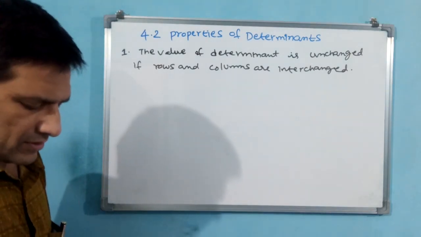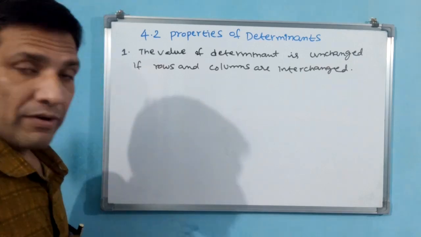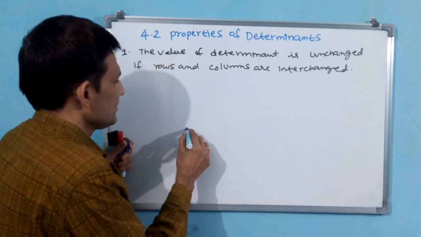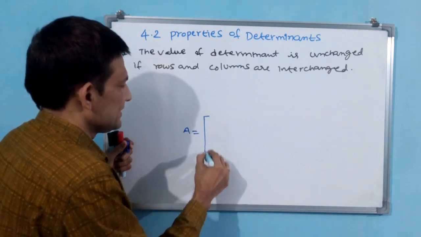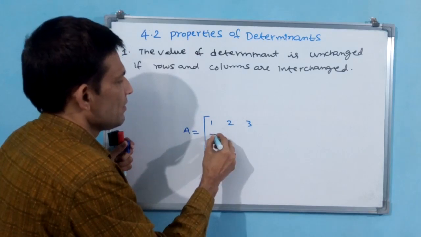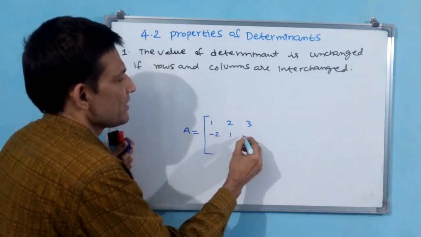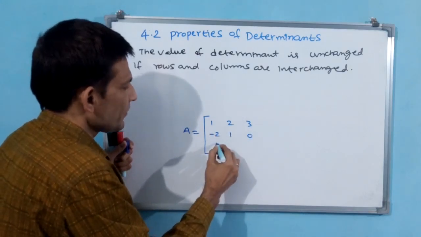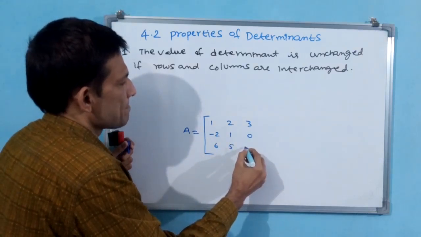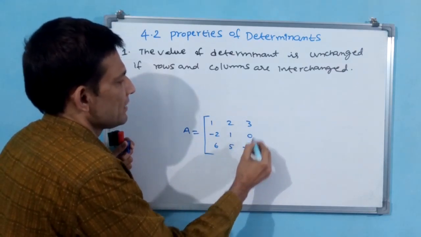See, let us compare with this matrix. Say this is the matrix: 1, 2, 3, -2, 1, 0, and 6, 5, -1.